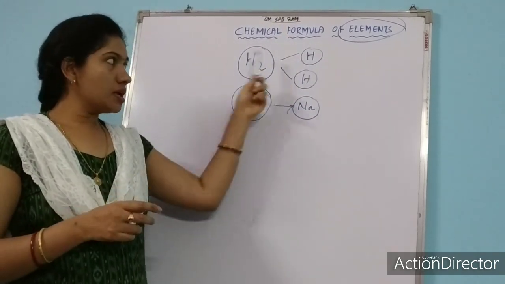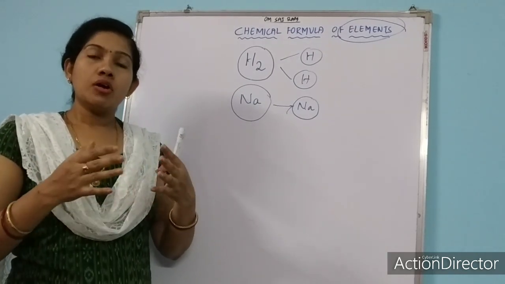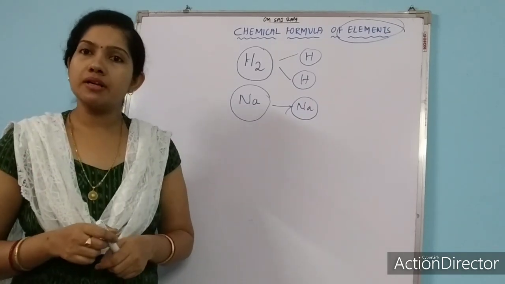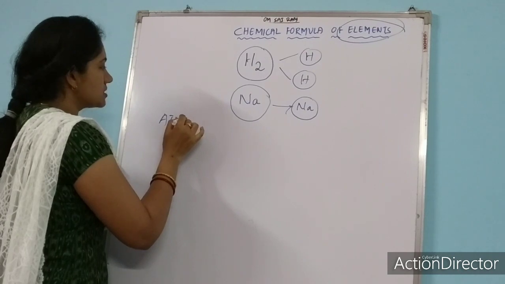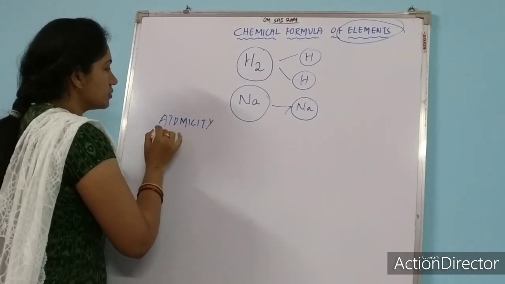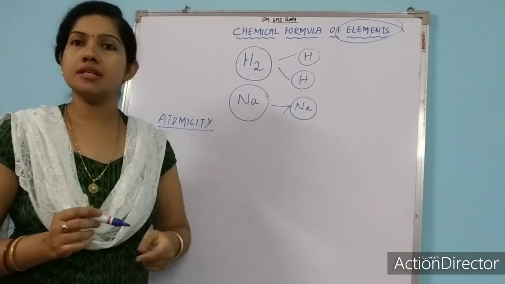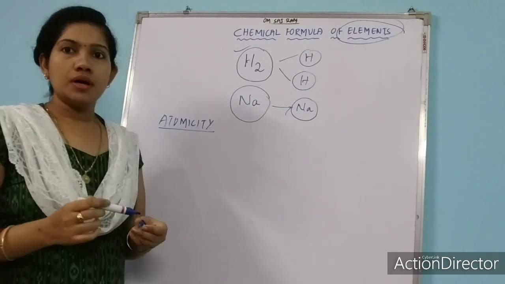Based on the number of atoms present in an element, we can find out the atomicity. So here we will discuss atomicity. What is atomicity? Atomicity means the number of atoms present in an element. Here the same example I am repeating, H2.